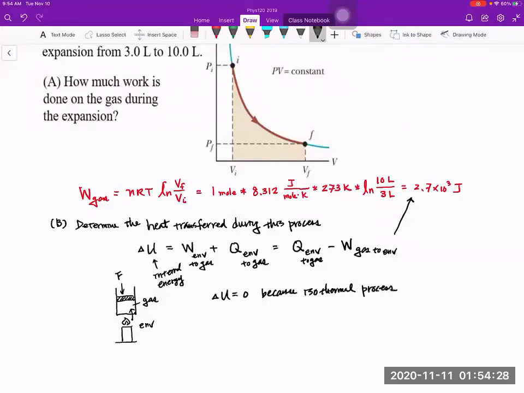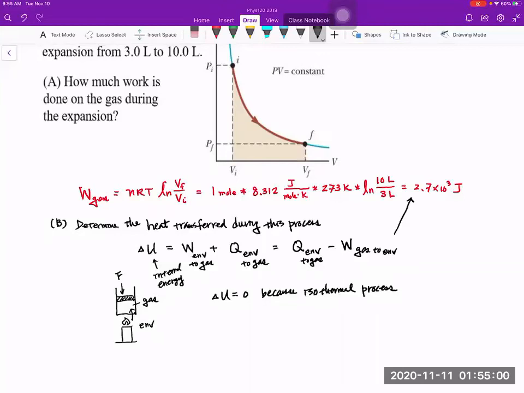Why is that? If you remember how we define the temperature, it is the average translational kinetic energy per particle. If the temperature doesn't change, it means the energy doesn't change. That means the internal energy is going to be a constant. So the change of U will be equal to 0.